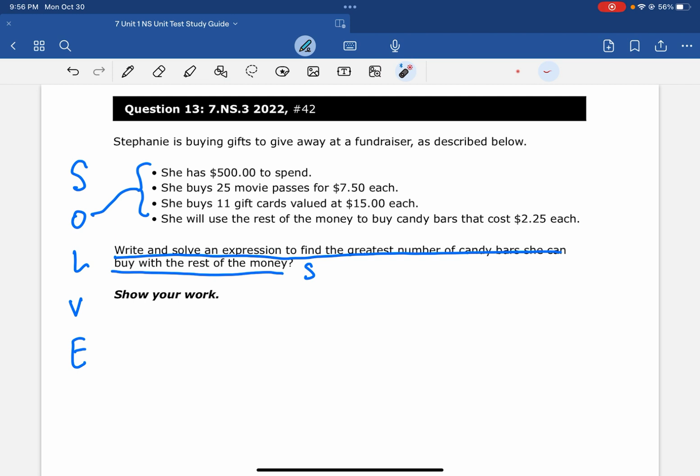First, let's actually set up our L. So 1, we are going to start with the money Stephanie has.